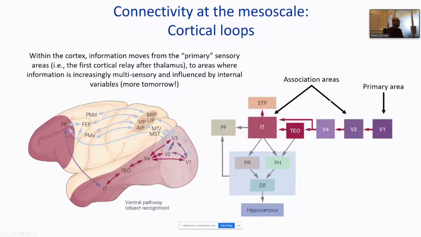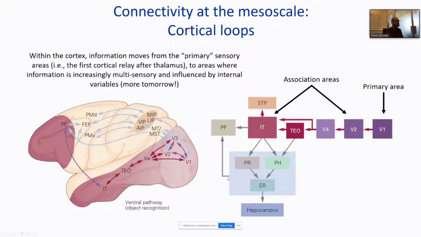But just to highlight the idea: the messages come from your eyes to your thalamus to the primary visual area, then move to the secondary visual area, to the fourth, to areas that take different names, and if you're curious, you can go and look them up. V4, TEO, IT, SCP, prefrontal cortex, perirhinal cortex, parahippocampal areas, entorhinal cortex, hippocampus.